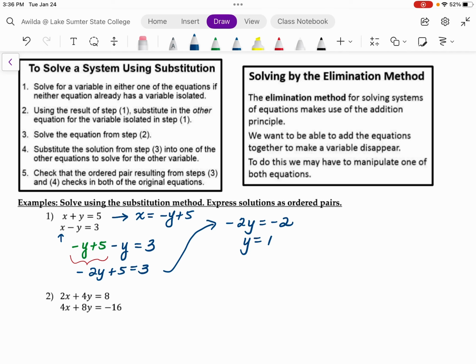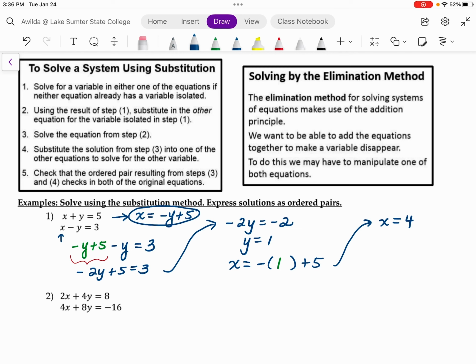Now, remember that equation that we manipulated right at the top? It's solved in terms of x. So all we have to do now is back substitute what y stands for. In this case, we found that y is equal to 1. So x is equal to the opposite of 1 plus 5. In this case, we have that x is equal to 4.